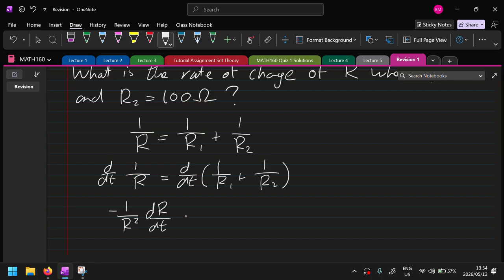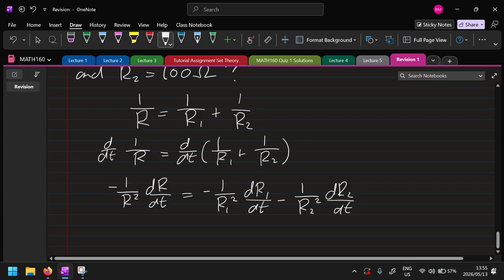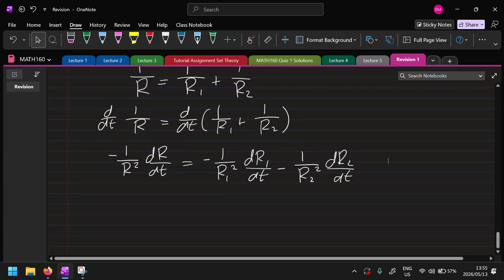Yeah, that's the goal. And then these other ones, both of these are changing. So it's going to be minus 1 over r1 squared dr1 by dt minus 1 over r2 squared dr2 by dt. Now, before we make any sign mistakes, let's cancel out the minus ones there.